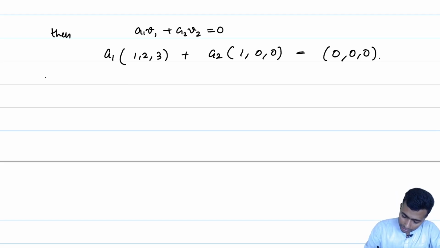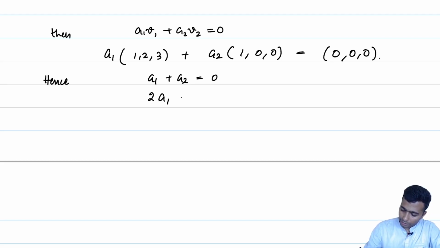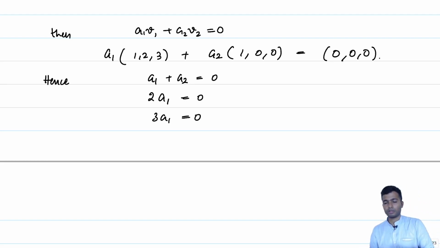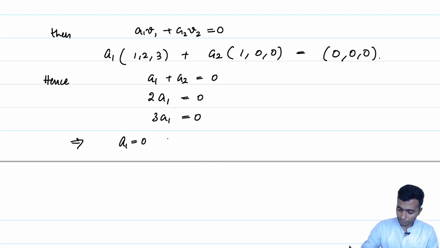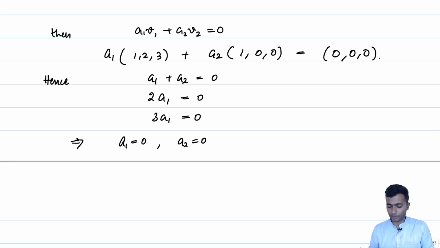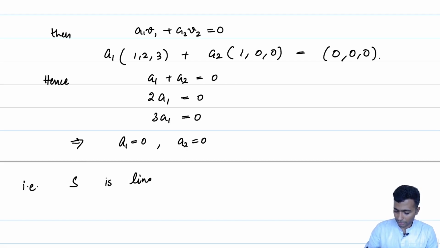Hence we have a1 plus a2 is equal to 0, 2 times a1 is equal to 0 and 3 times a1 is equal to 0. The last two equations imply that a1 is equal to 0, and in conjunction with the first equation, both a1 and a2 are equal to 0. This implies that S is linearly independent.